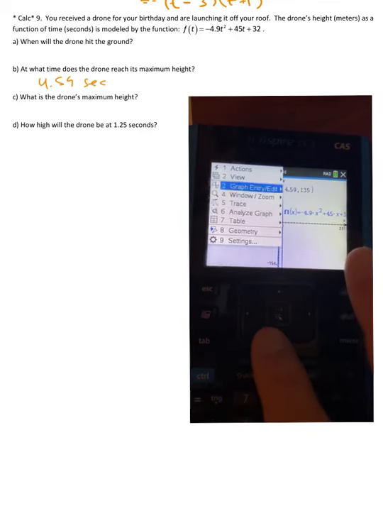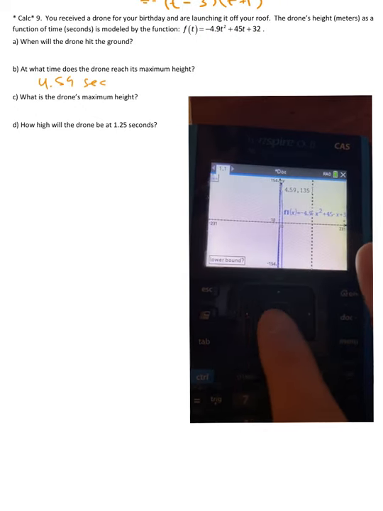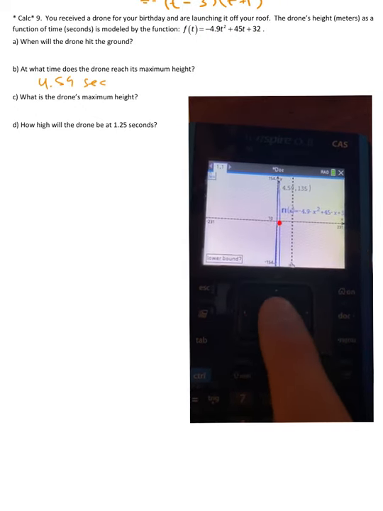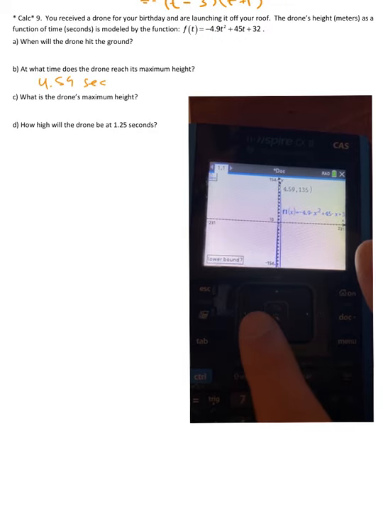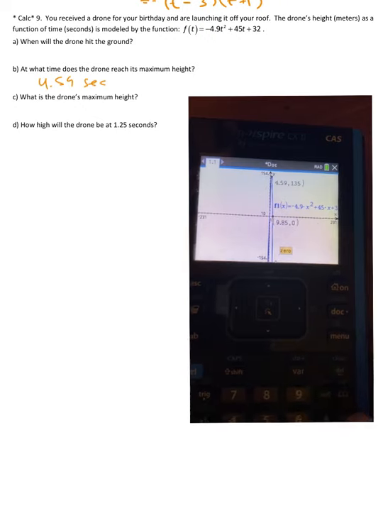And then if we want to find the x-intercept, we do analyze graph again and then click 0, and we want to find the one that's to the right there, so kind of tight quarters there, but we have that.